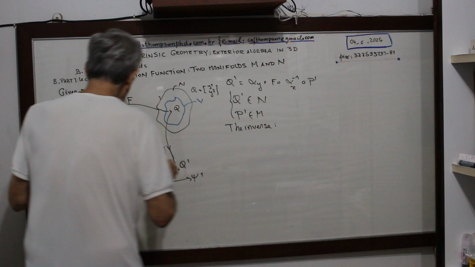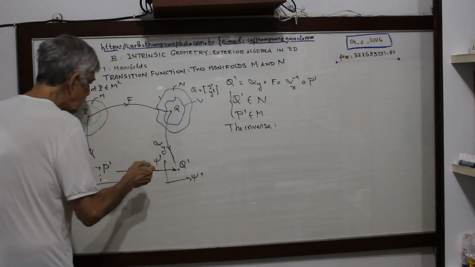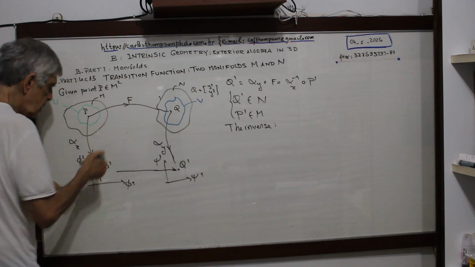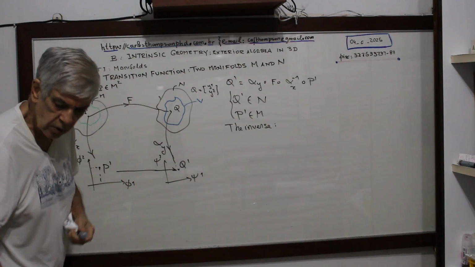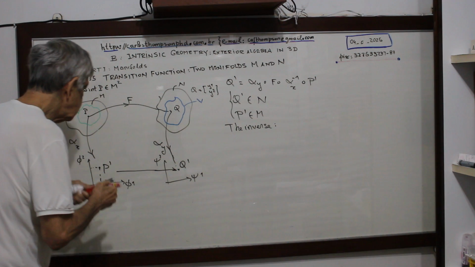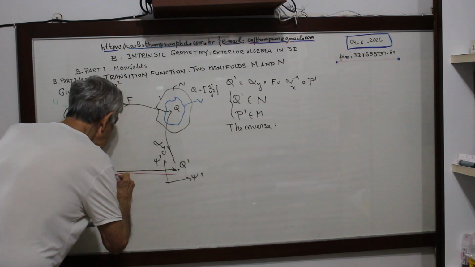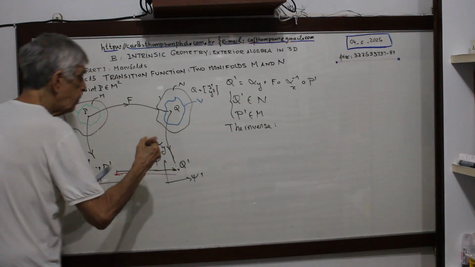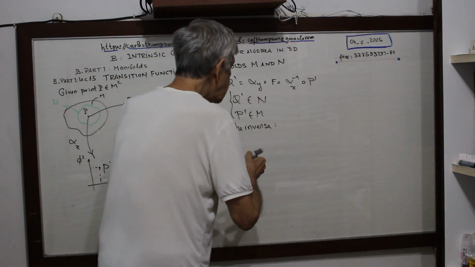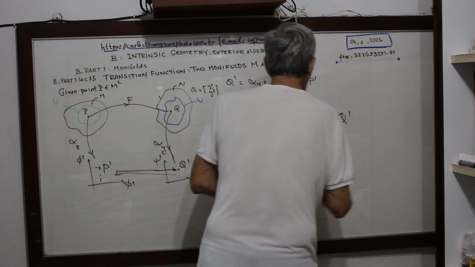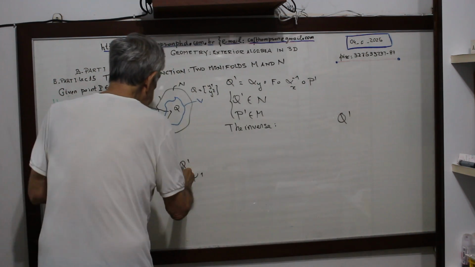Now I want to go from here to here. Let's put another color here. So then I write down my Q prime.